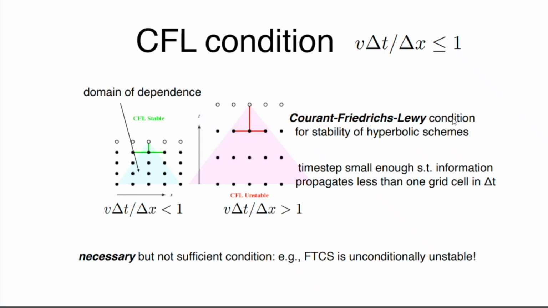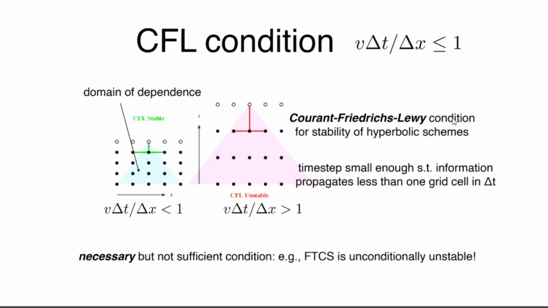So the CFL condition, this condition that we got from the von Neumann stability analysis, corresponds to this: the step delta t that you choose, in order to be numerically stable, should be such that the new point is not in causal connection with points beyond the nearest neighbors at time t_n.